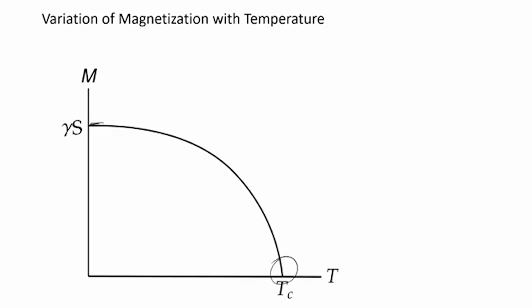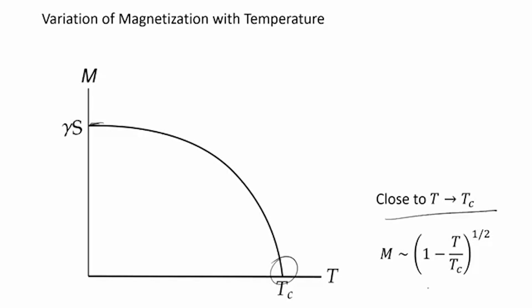And this behavior is important: close to T equal to Tc, this goes as 1 minus T by Tc to the power half, and this is the hallmark of mean field theory being put in action. This 1 minus T by Tc to the power half is the feature for the behavior of magnetization.